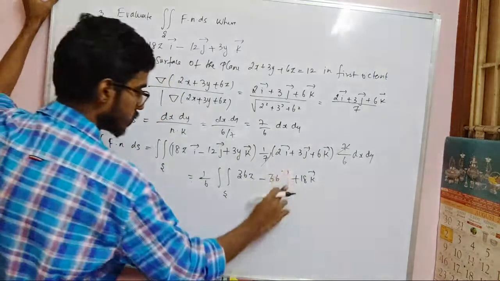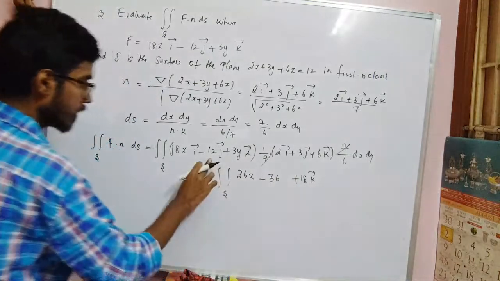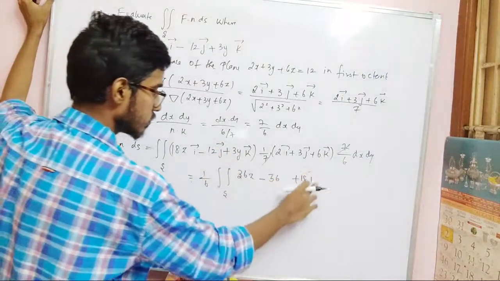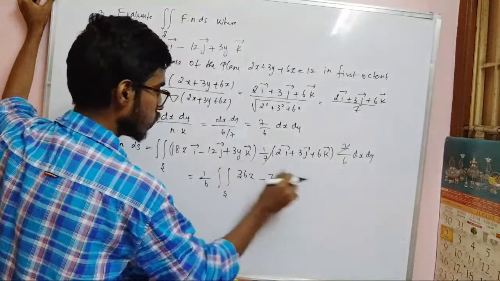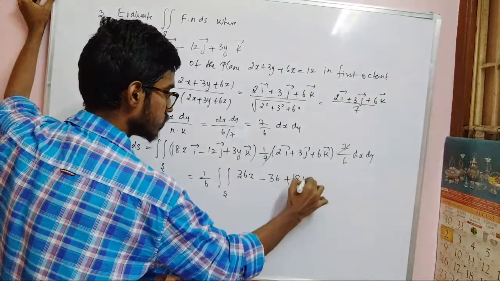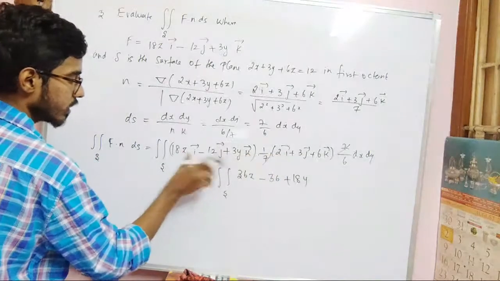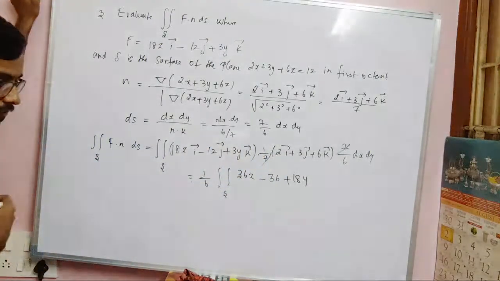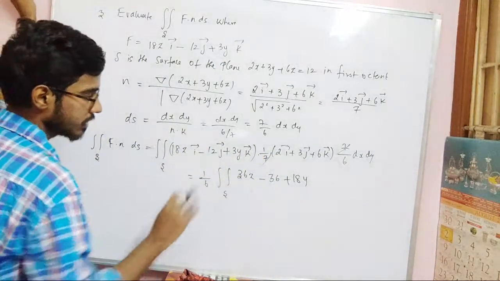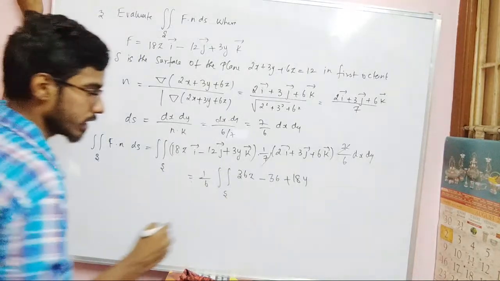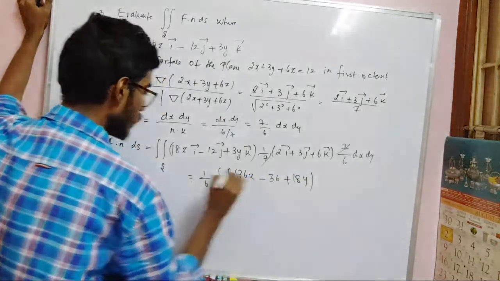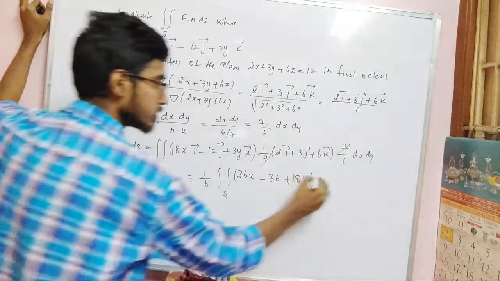Sorry, j minus 12, not 36. So 3y into 6 is 18y. Right, we are taking the dot product. So i component, 18z into 2 is 36. So 36z minus 36 plus 18y into dS, which is dx dy.